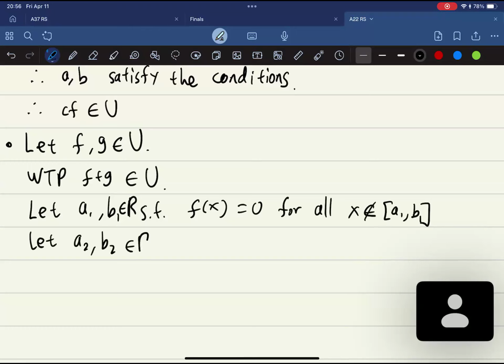And similarly for g, we let a2 and b2 be the corresponding variables for g.